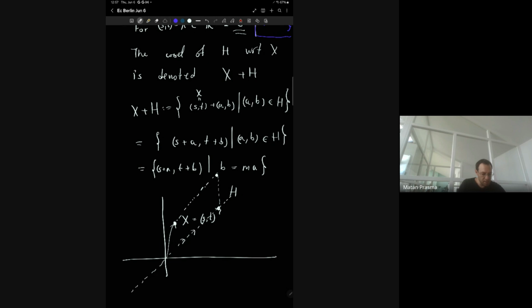So what I get is this blue line. The collection of all points, so this blue line is going to be x plus h.